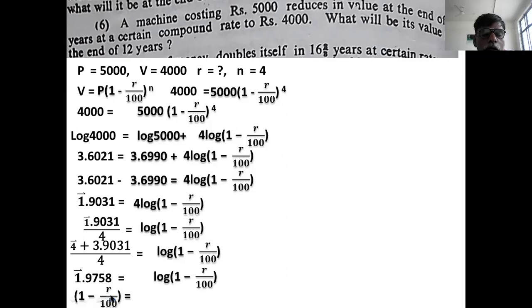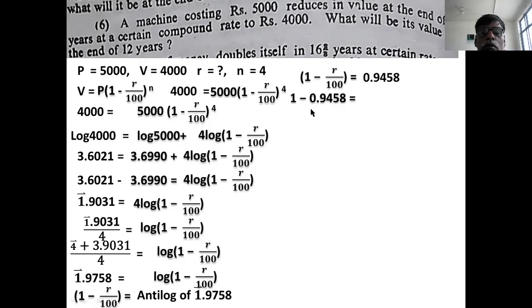log of (1 minus r by 100) is equal to bar 1.9758. So take the antilog. The antilog answer is 1 minus r by 100 is equal to 0.9458. 9458 is the answer as per the antilog table.